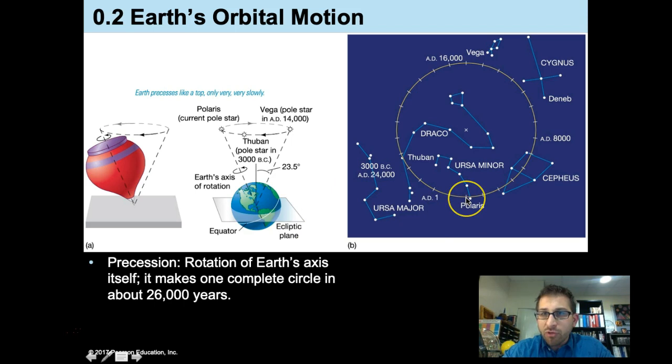Currently, if you look at our Earth's North Pole, it points towards what we now call Polaris, the North Star, the current pole star. And I'm going to draw your attention here to Polaris on this other diagram. If you look back to the time of the ancient Egyptians, their pole star was Thuban, about 3000 BC, and here's Thuban.